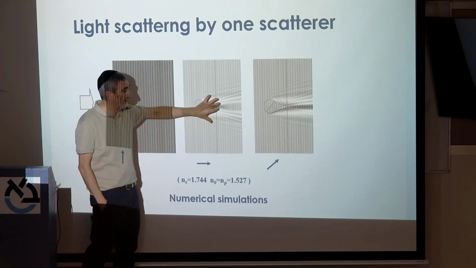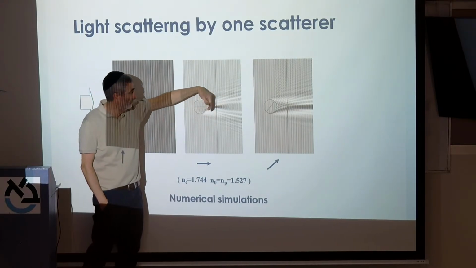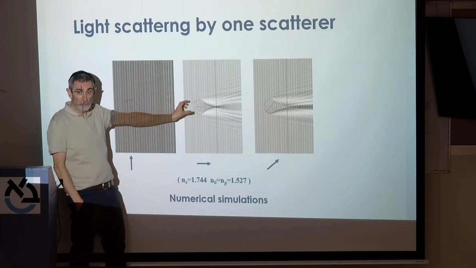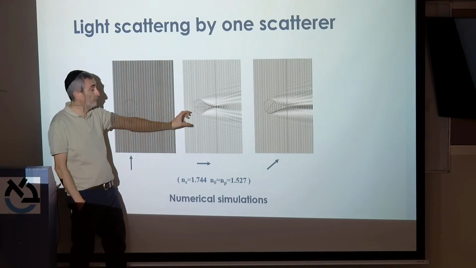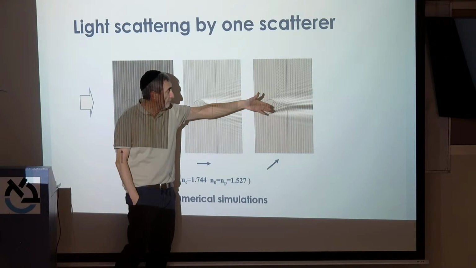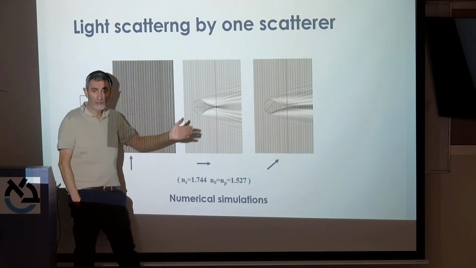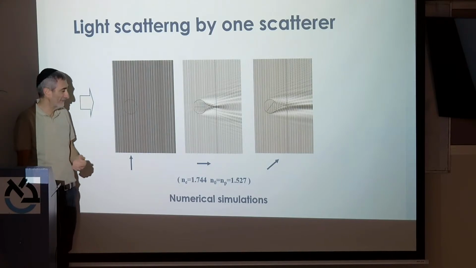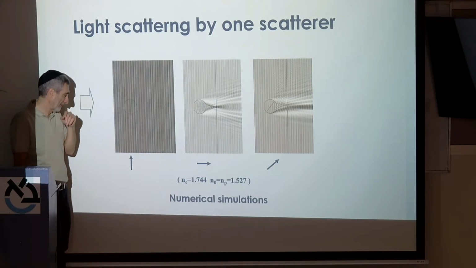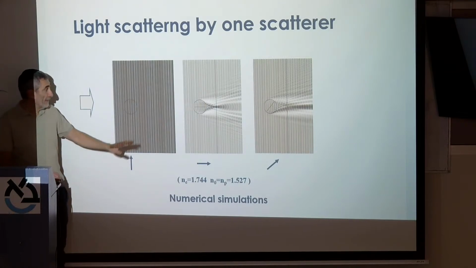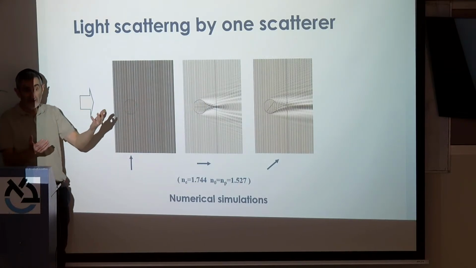We are still in the near field here, but if you go further away, and if the orientation is random, like 45 degrees here, then you can have a scattering diagram which can be very strange, very specific. So that's the numerical simulation, and then you can go from one scatterer to many scatterers.